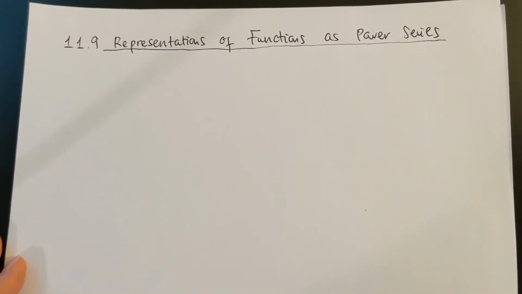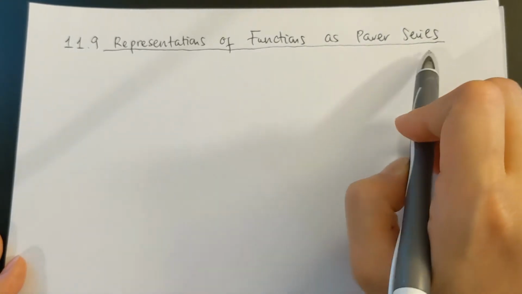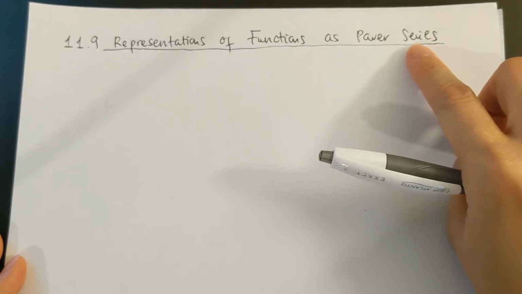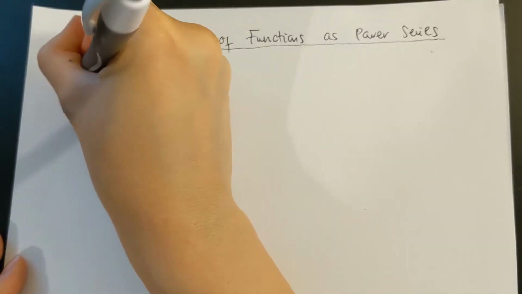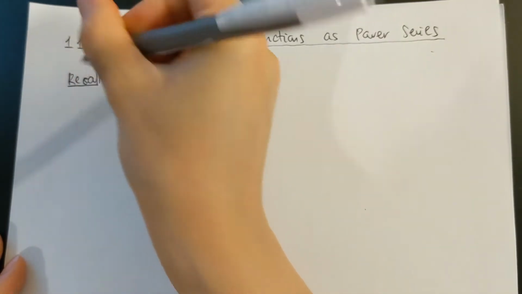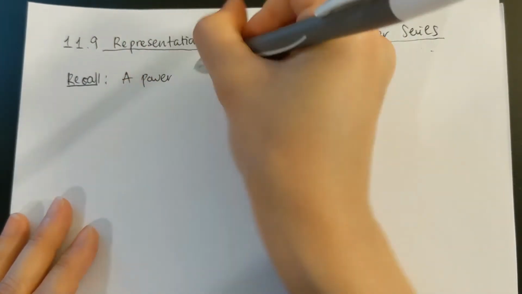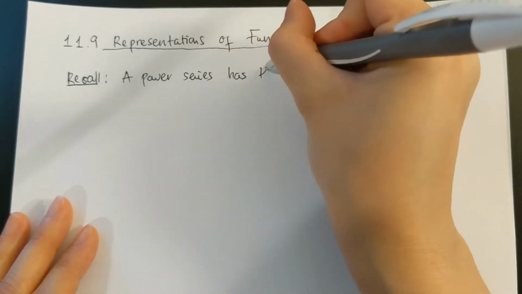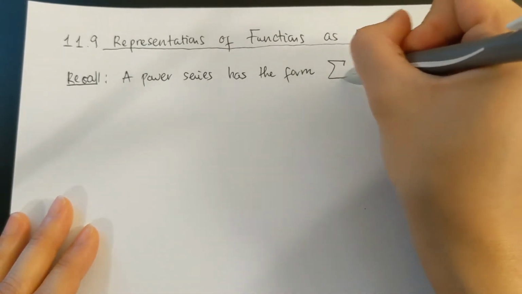Okay, so in this section, we will learn how to represent functions in terms of power series. So last section, we learned about power series, and let me recall what it is. So power series has the form as follows.